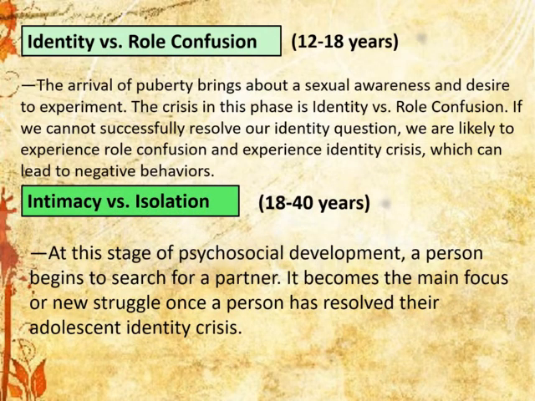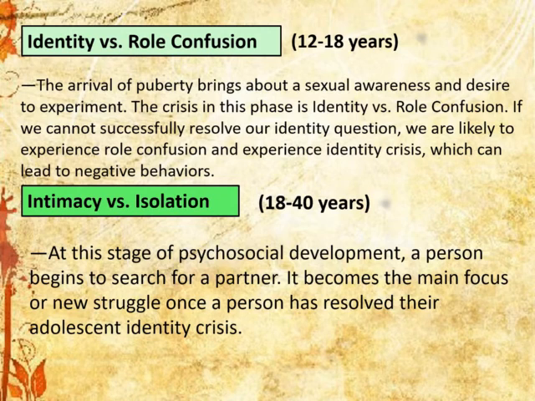Intimacy versus isolation. At this stage of psychosocial development, a person begins to search for a partner. The major question here is: will I love or will I be alone? We explore relationships leading toward long-term commitments with someone other than a family member.